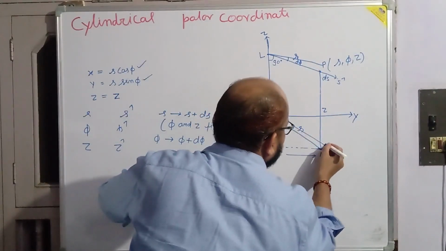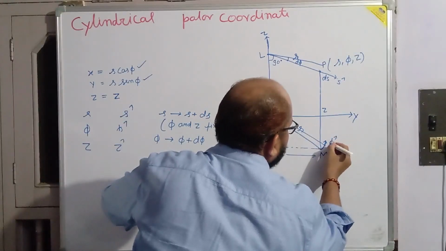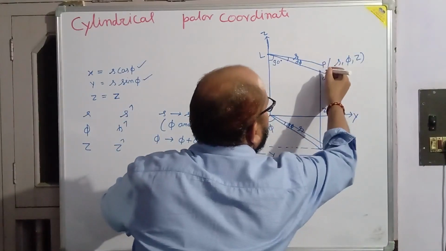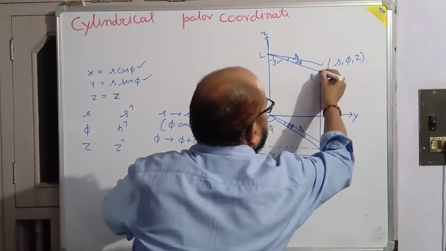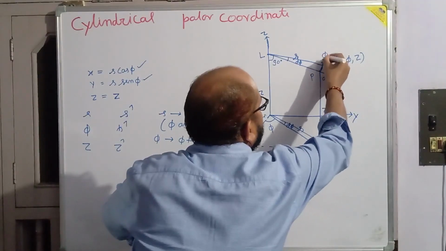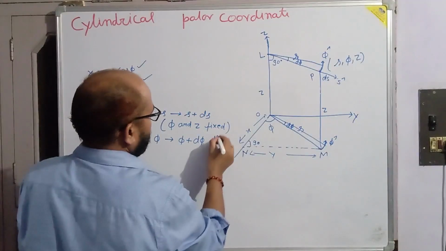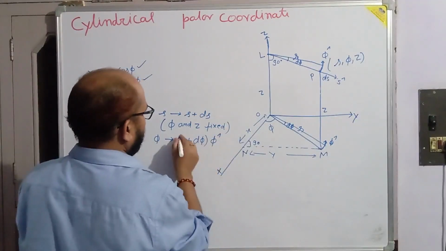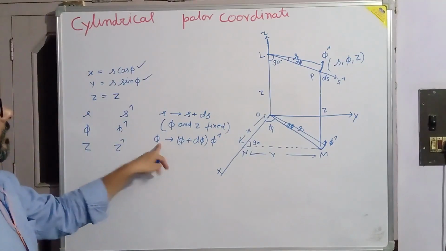That means phi cap is the unit vector. Look at this point, P is the point. This is phi cap. So phi cap is the unit vector along the increasing direction of phi.